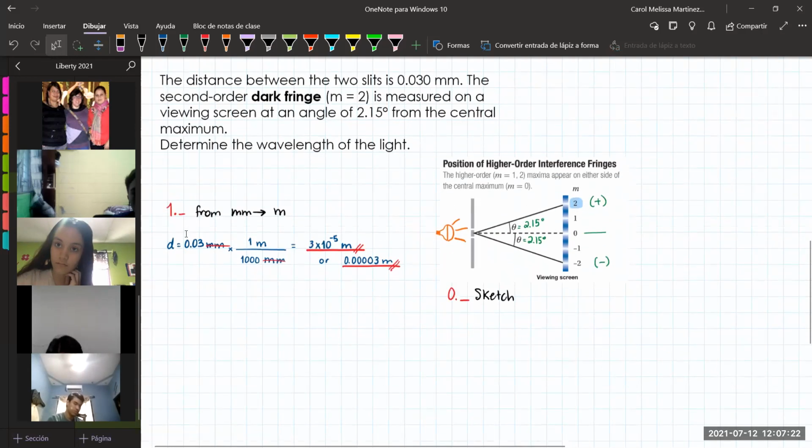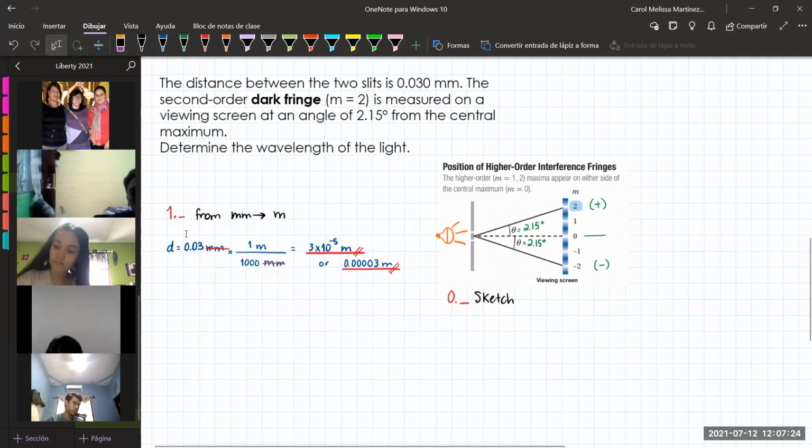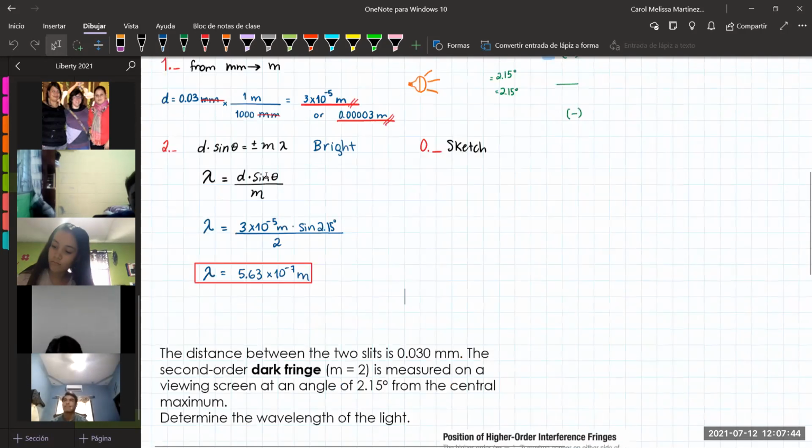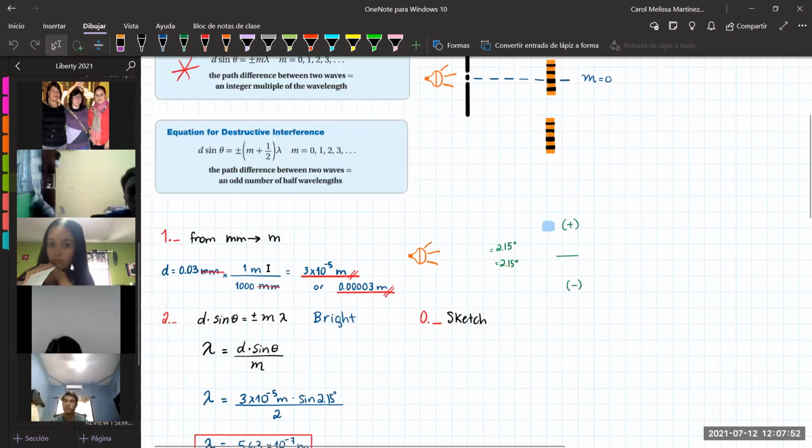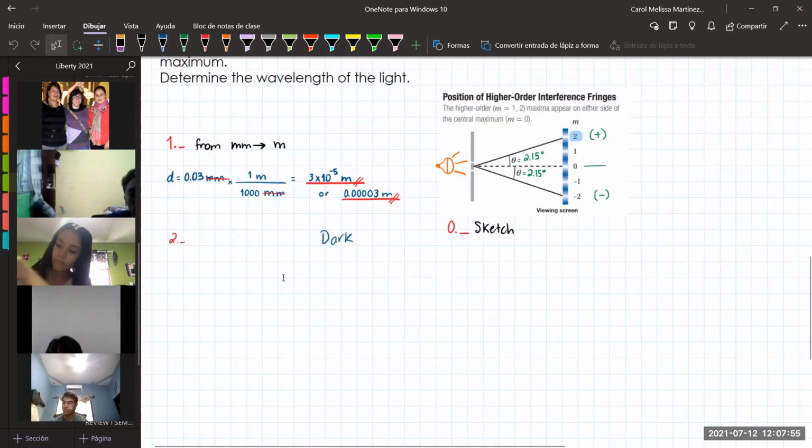So in the second step, the equation changes because we have dark, not bright. We have destructive, dark interference. So the equation that we must use is the one in the second part, which is the sine of the angle equals plus minus and whatever. I'm just going to write it and isolate.